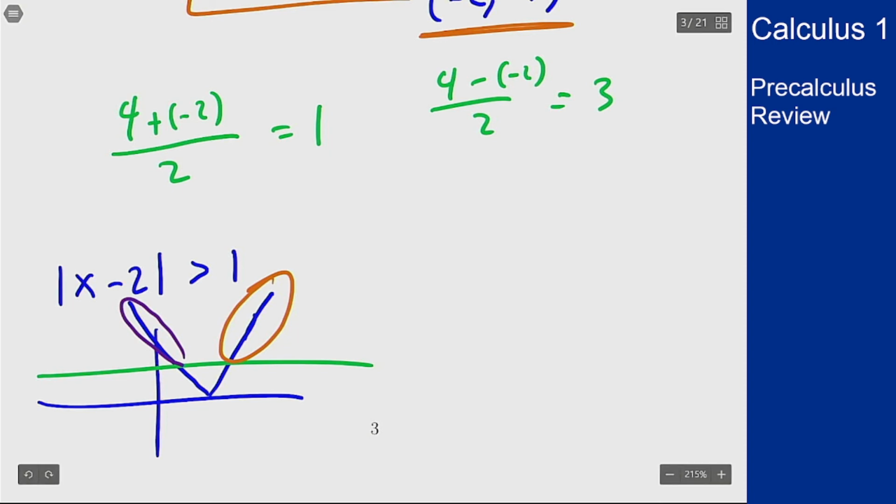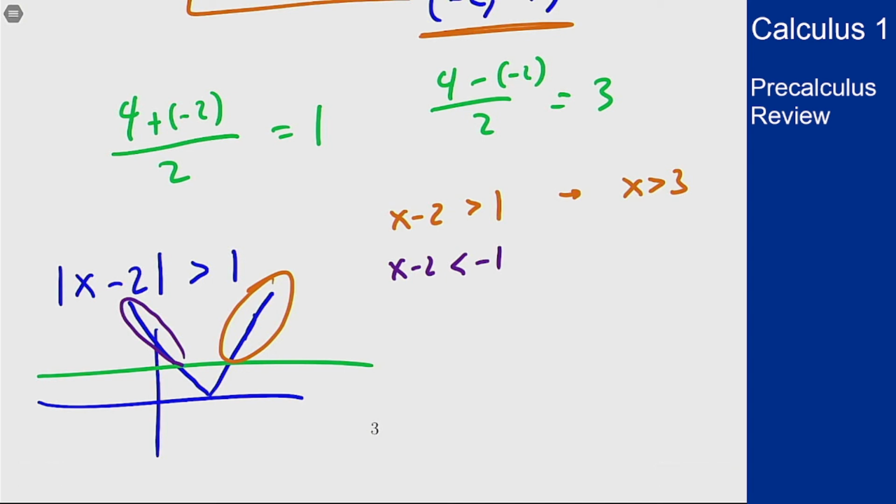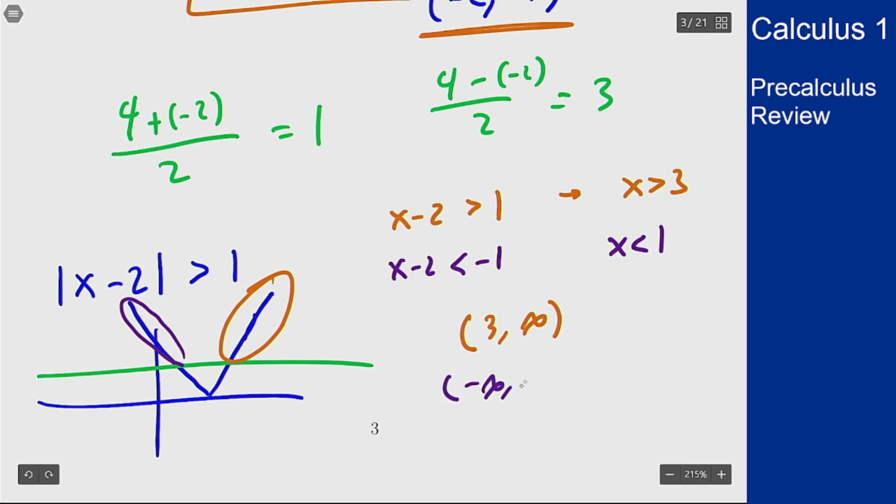So I either want x minus 2 bigger than 1, which means x is bigger than 3, or I want x minus 2 less than negative 1, that's the other half of the absolute value, or x is less than 1. Now each of these can be written as intervals in their own right. So the orange one is just 3 to infinity, and the purple one is minus infinity up to 1.